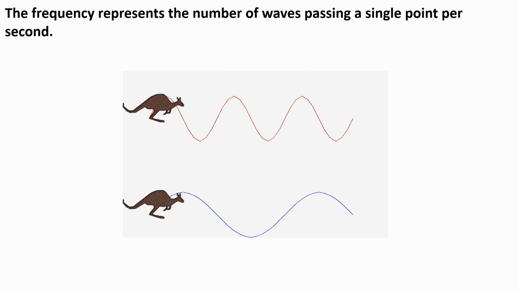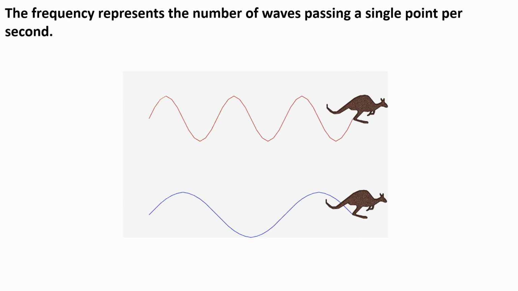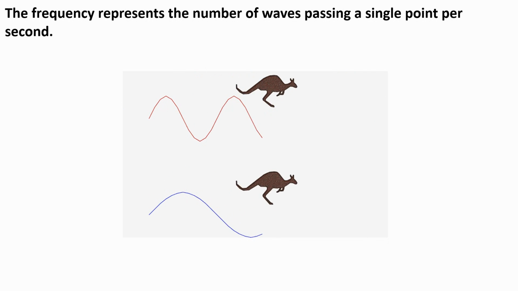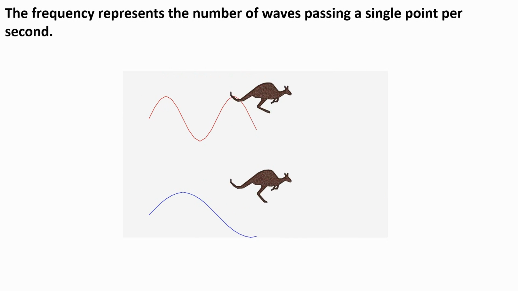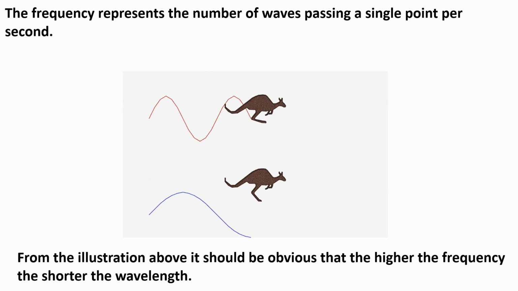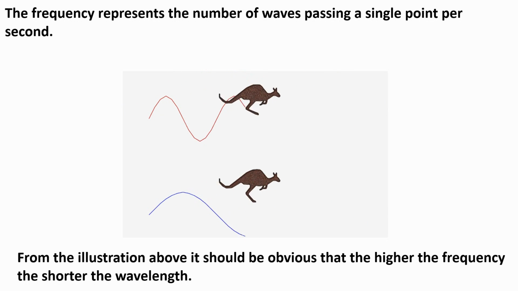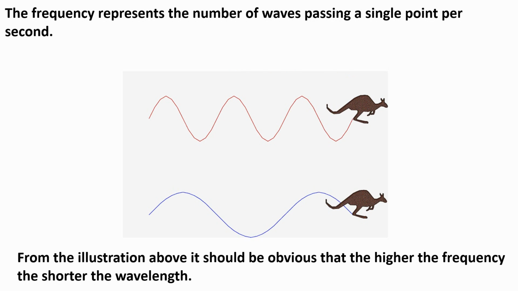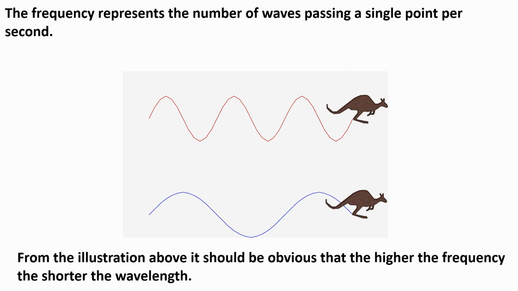The frequency represents the number of waves passing a single point per second. From the illustration above, it should be obvious that the higher the frequency, the shorter the wavelength.